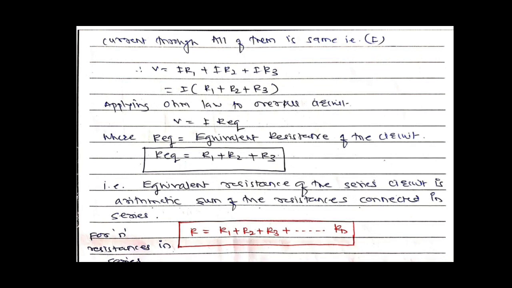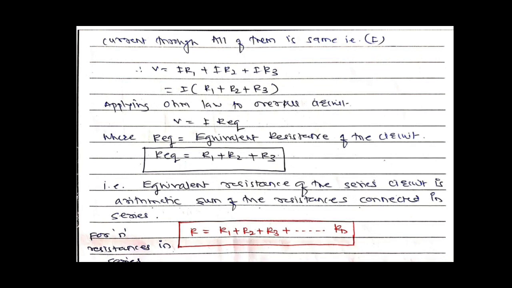So applying Ohm's law to the overall circuit, V is equal to I into R equivalent, where R equivalent means the equivalent resistance of the circuit. So R equivalent is equal to R1 plus R2 plus R3.